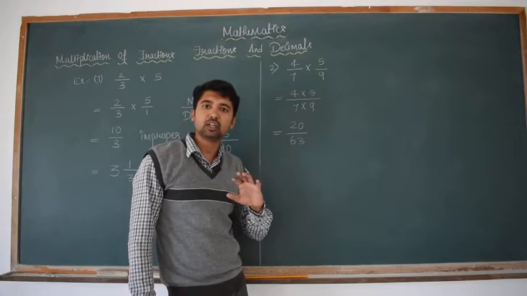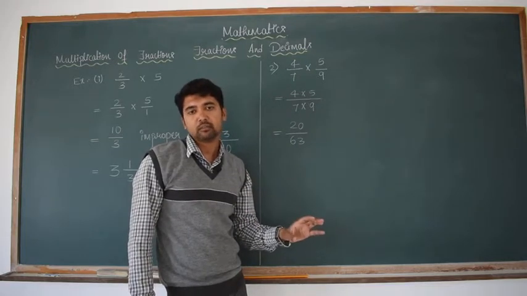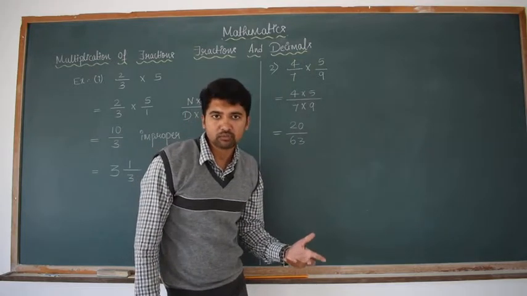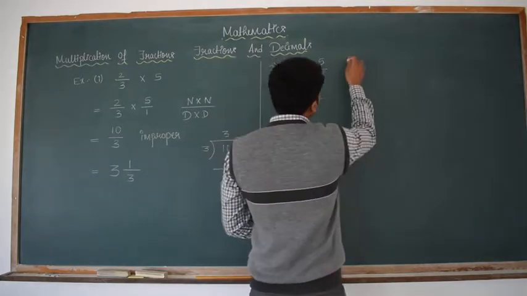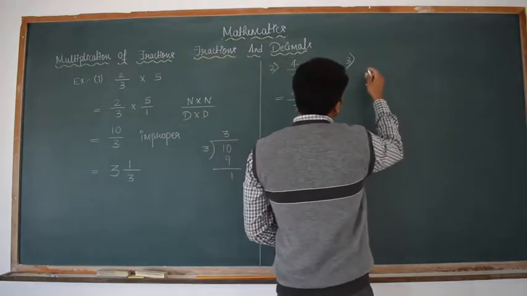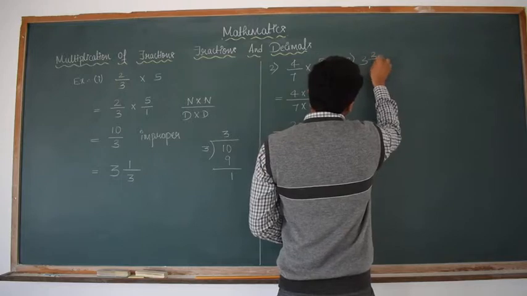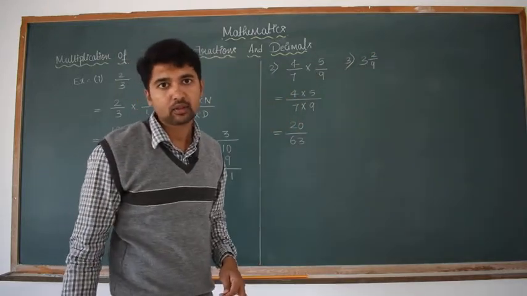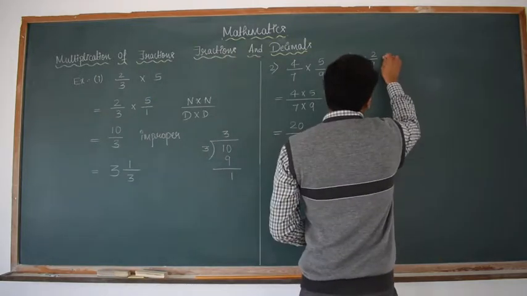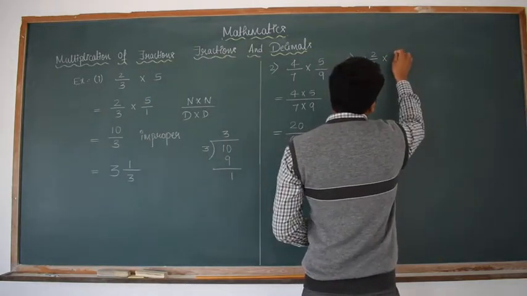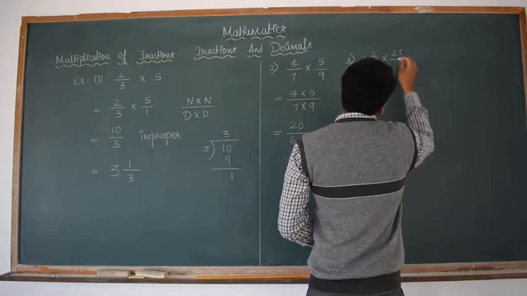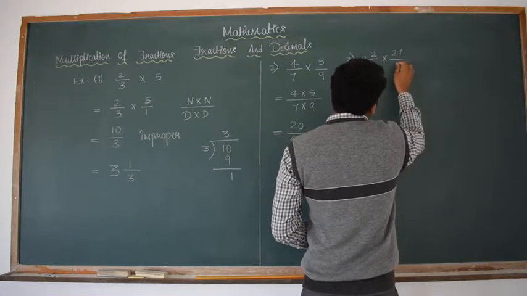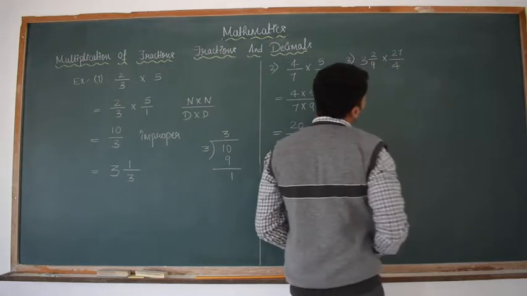So at this moment you can keep the answer as it is, but you will find some more problems like this. Example 3, 3 2 by 9 into 27 by 4.